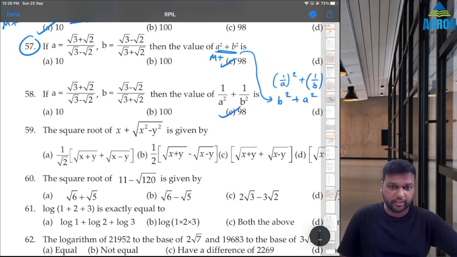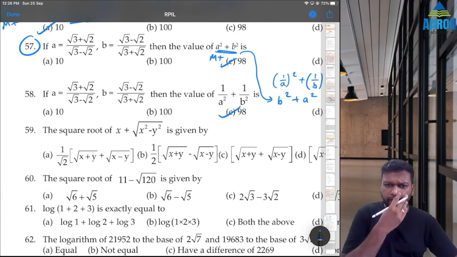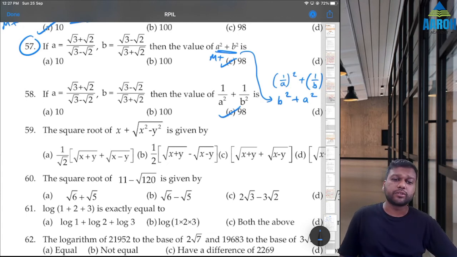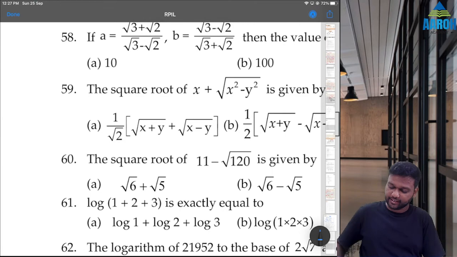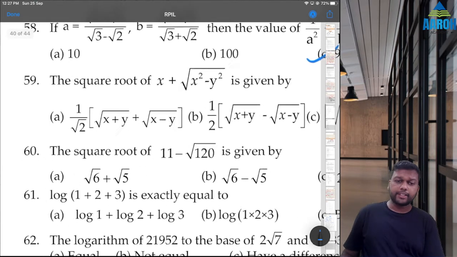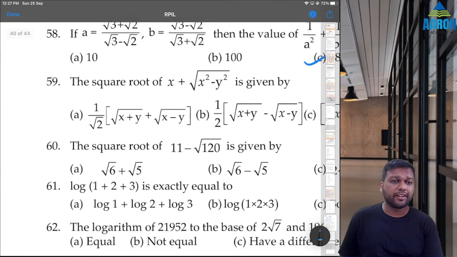59. Let's solve 59. The square root of x plus root of x square minus y square is given by. Now this can seem like a complicated question, but again we will not keep it complicated. We will make it simple by putting some values for x and y. Let's put suitable values so that we don't get answer in decimal point.